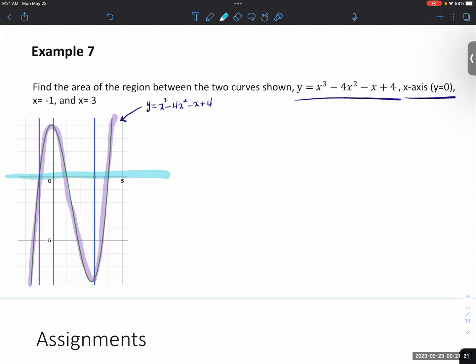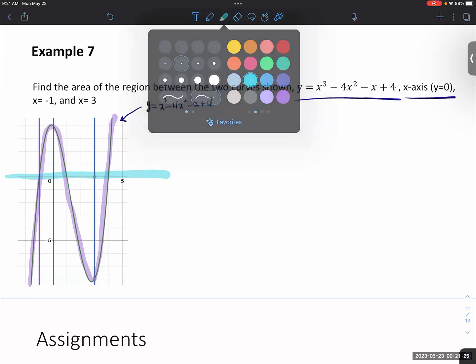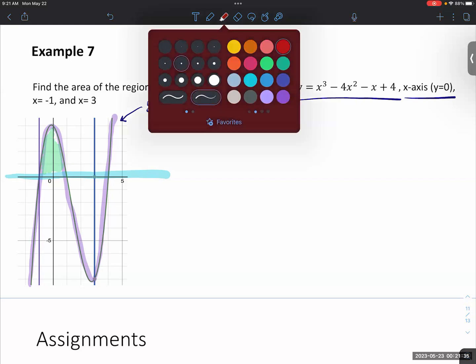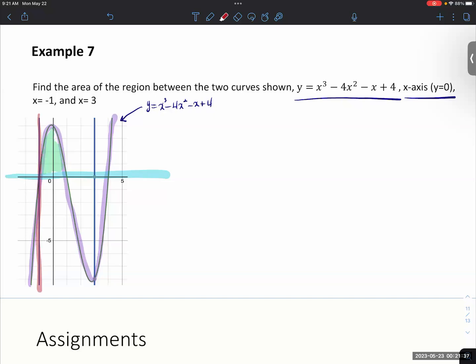And then they actually say from -1 to 3. So -1 is right here, x equal to -1. This is x equal to 3.